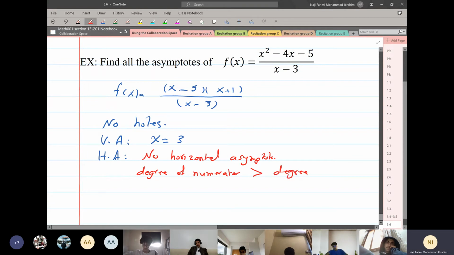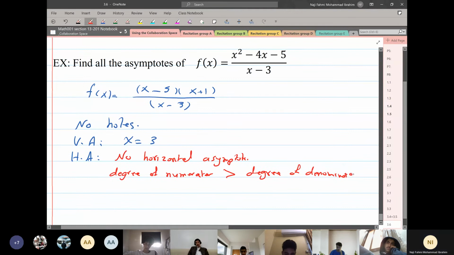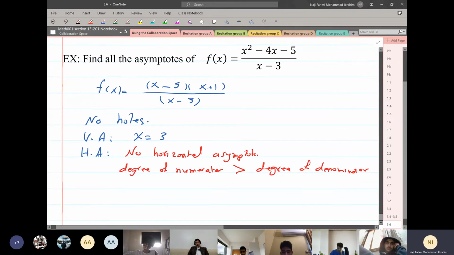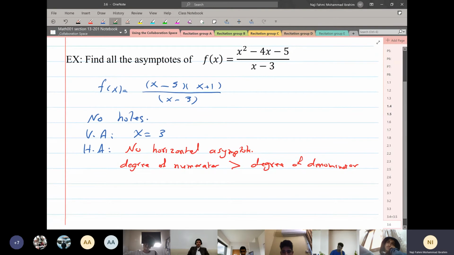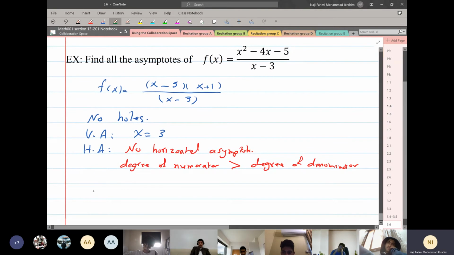In this case, we don't have a horizontal asymptote. But now, can you see that the numerator has a degree that is 1 more than the denominator? So in this case, we say we have something called what now?